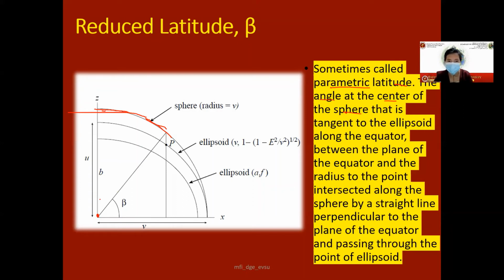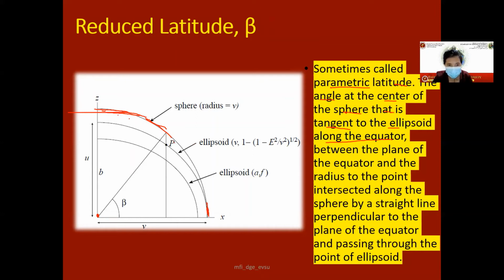When we say inscribed, the ellipsoid is inside the sphere, which means they share the same center. The sphere is tangent to the ellipsoid along the equator.